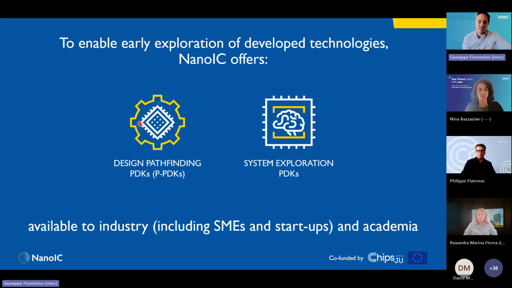You will need to access a foundry PDK on 2 nanometer, for example, which is extremely challenging. You can do that in the NanoIC Pilot Line. These PDKs, so this design environment, are not meant to provide fabrication services.